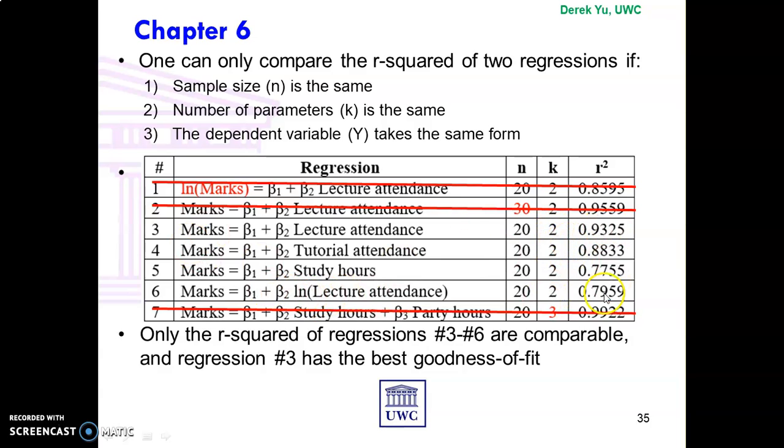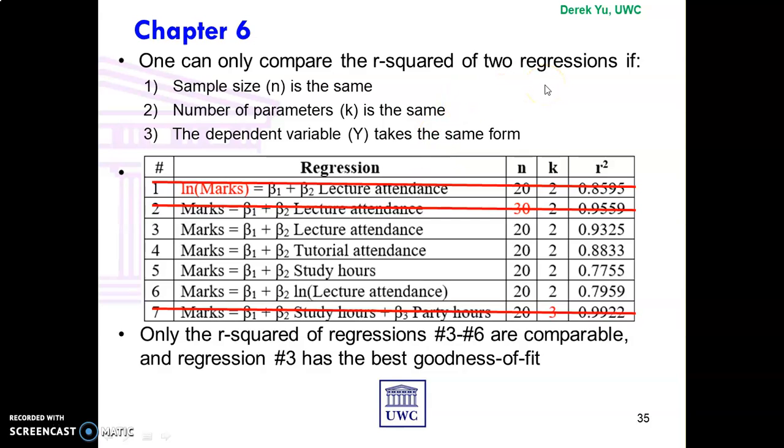Then now it is possible to compare the R square of regressions 3, 4, 5, and 6, and the R square is the highest for the 3rd regression. So we can conclude that out of the 4 regressions, 3, 4, 5, and 6, regression 3 has the best goodness of fit.